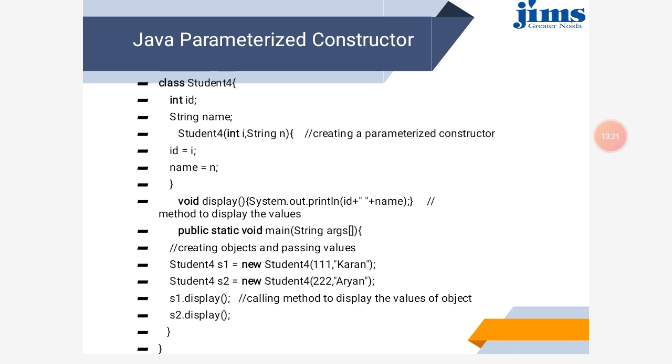It has also the same name, and there are two arguments we are mentioning here, means integer i and string n. So two instance variables and two variables are waiting for receiving values. One is of integer type and the second one is of string type. So there are two parameters which we can pass.